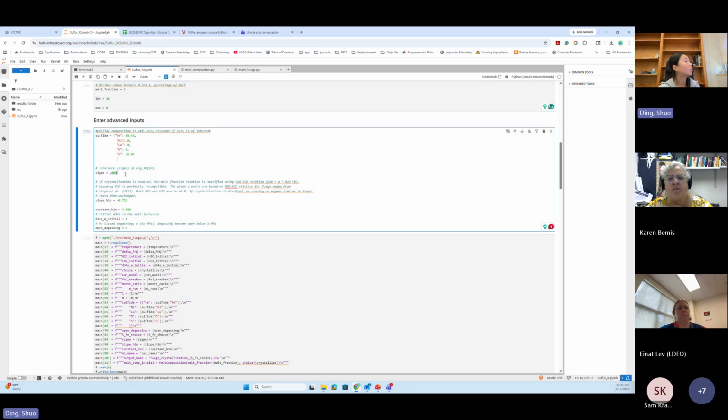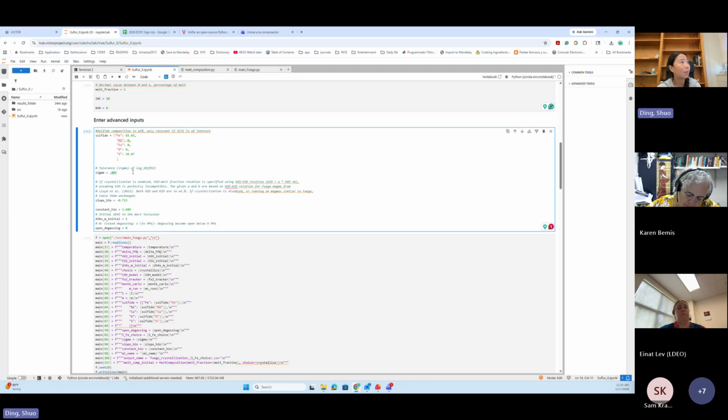Okay, so then this sigma thing is a tolerance of how much fO2, and this is only relevant for calculating fO2. If you are interested in the magma redox change along degassing, that's how you can do it.